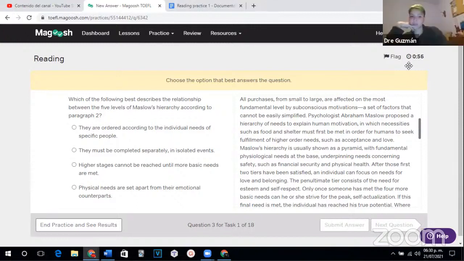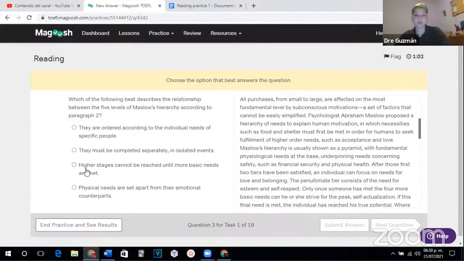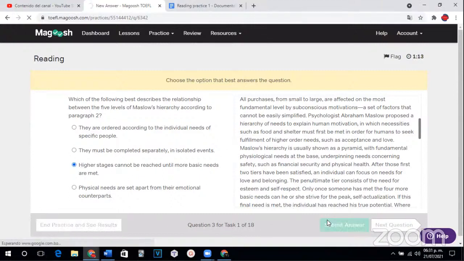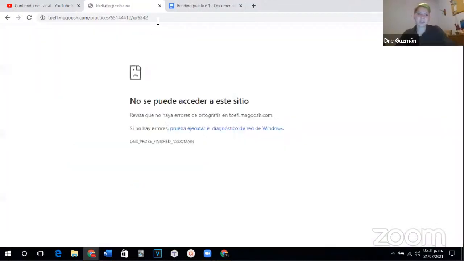All right. What do you think it is? I think it's the third one. Higher stages cannot be reached until more basic needs are met. Yeah, that's pretty much what the paragraph explains. And if you know about the Maslow pyramid, entonces this is básicamente el fundamento of Maslow. Have you heard of this before? Maybe in alguna clase o así.